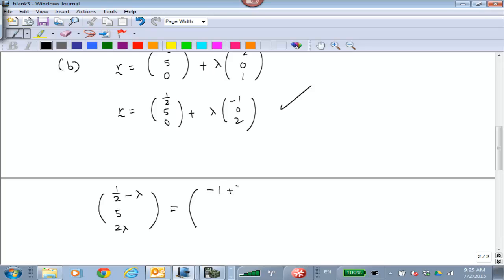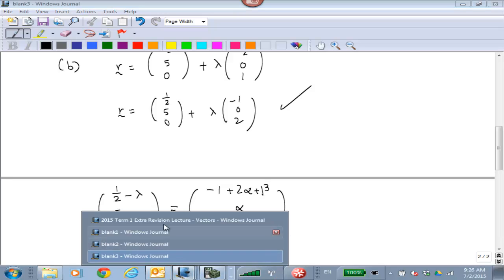I just throw everything in. Agree? Is it okay?